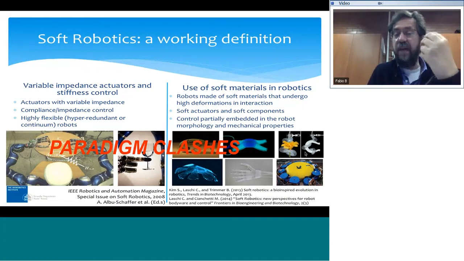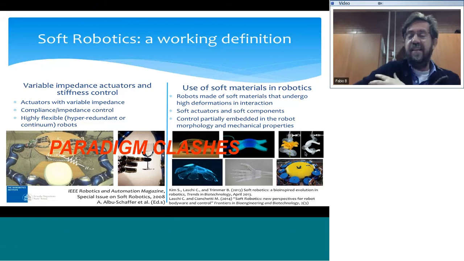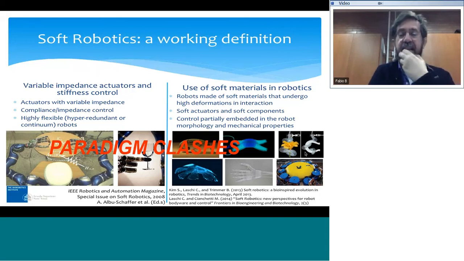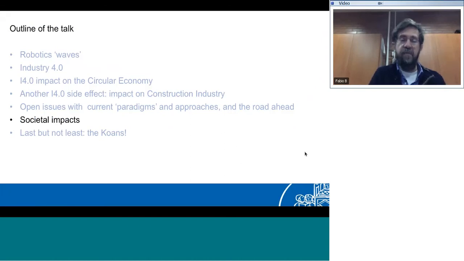And we also have problems with soft robotics, because someone means that soft is putting some spring and damping in a rigid body. Someone else, like my colleagues Cecilia Laschi and Barbara Mazzolai, think that actually we should have a fully deformable body, but with all the problems of modeling that we have discussed before.